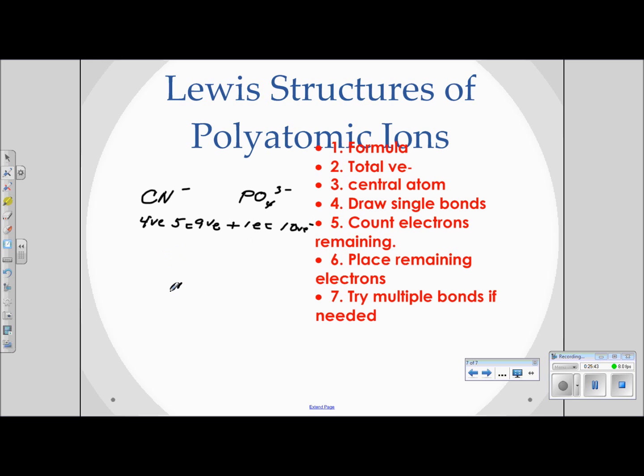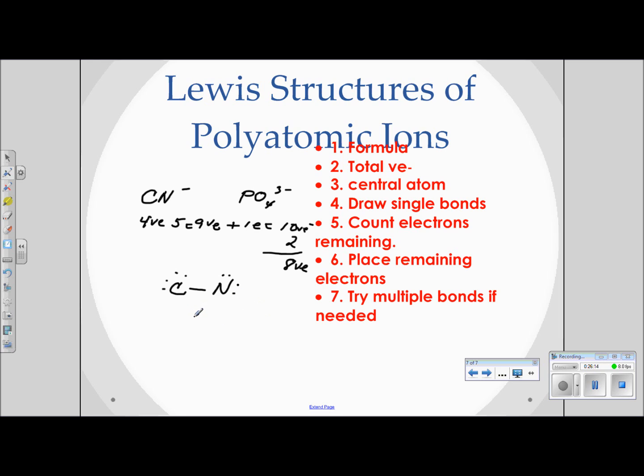And I'm going to go ahead and draw my initial diagram, and I know that this represents 2 electrons, so 2 valence electrons, 8 valence electrons, and this means that I have to place 8 electrons. So I'm going to start out with 1, 2, 3, 4, 5, 6, 7, 8.